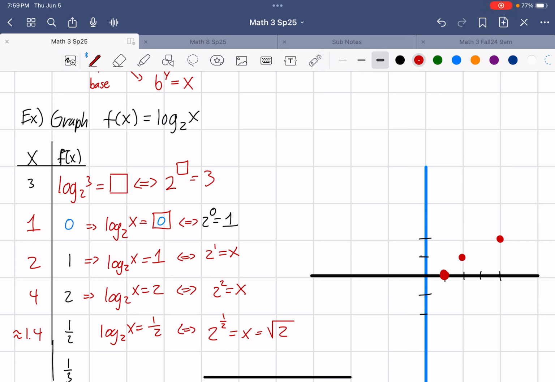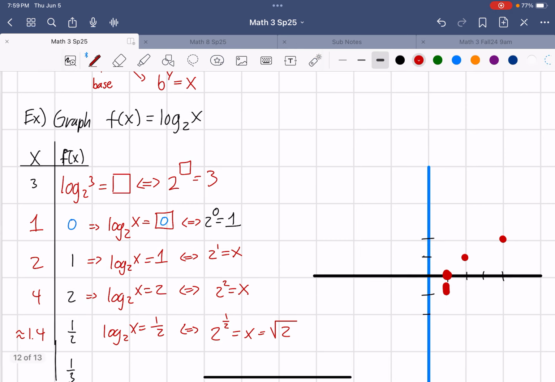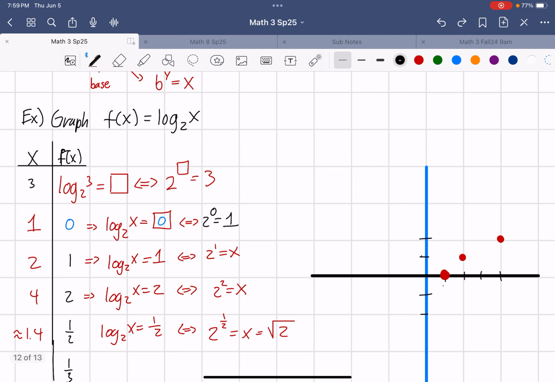Oh, sorry, the one at 1.4 for our x, right? Here's 1. Here's 2. So that's going to be at 1.4, which would be here.